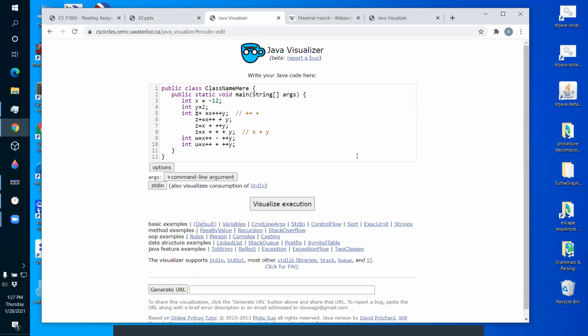Does it make any sense to write 1 plus after a variable name? Is that a legitimate variable name? You can do Z2, you can do Z0. Can you do Z plus as a variable name?